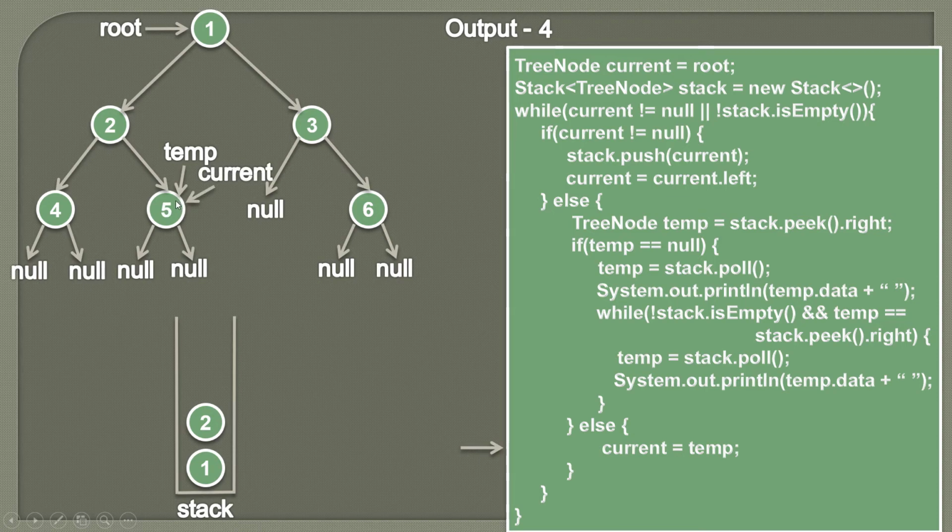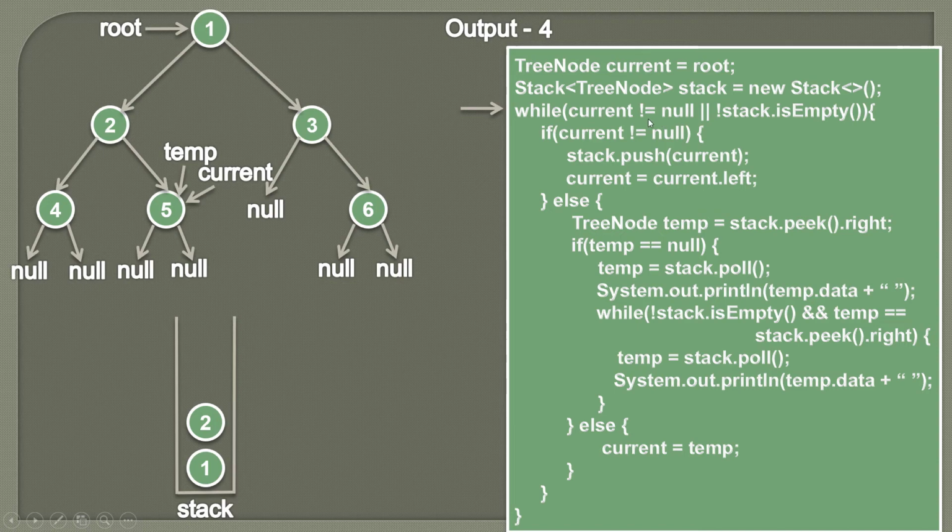Because this 5 can be treated like any other node which can have left and right children. As we started by pointing current to root, it is similar to that step, so we need to perform all those steps again on this node.